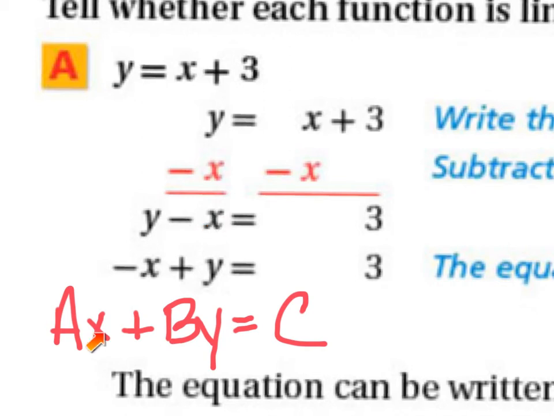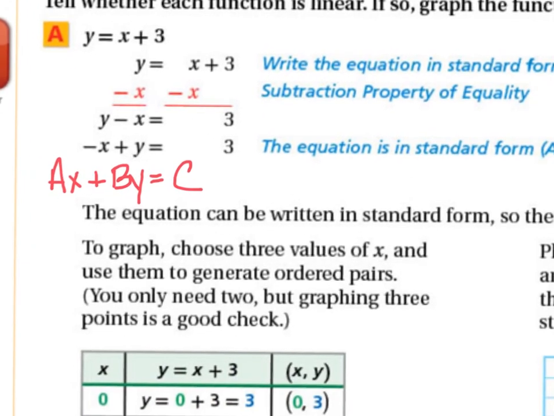But standard form is that the x term comes first and then the y term second. So you just switch them around. You put the negative x out front and then the y to the right of it. So it's negative x plus y. They've just reversed these terms. So negative x plus y equals 3. If you can put that into a standard form, that also lets you know that it is linear.